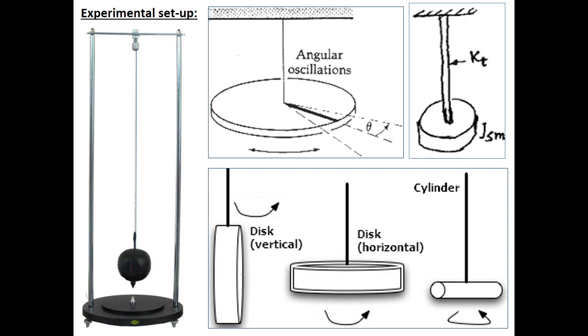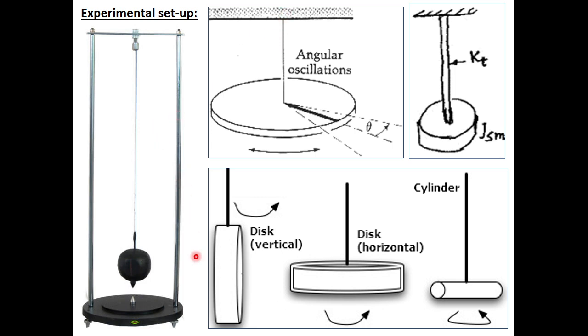It is considered a point mass, and it oscillates like this in a vertical plane. But for a torsional pendulum, the oscillation takes place in a horizontal plane. Here also the object is hung by a thin wire from a fixed support like this.